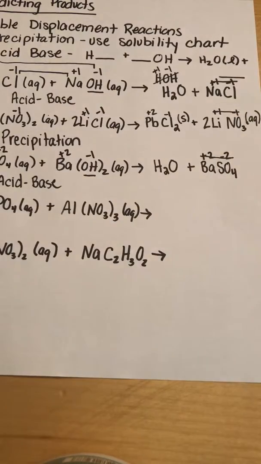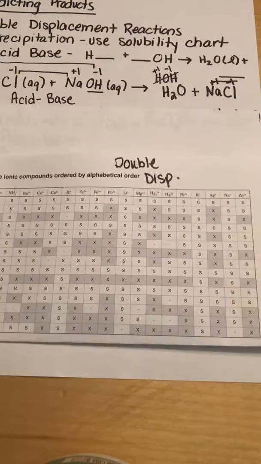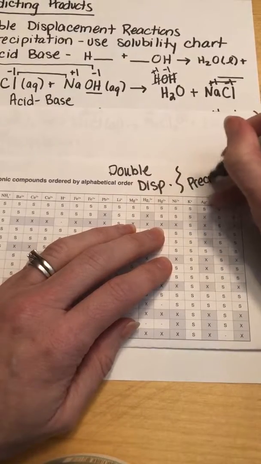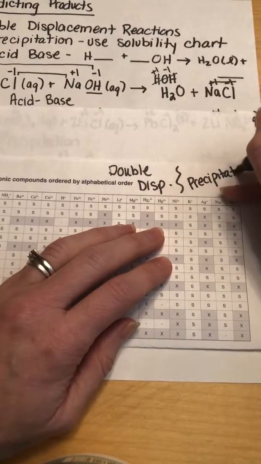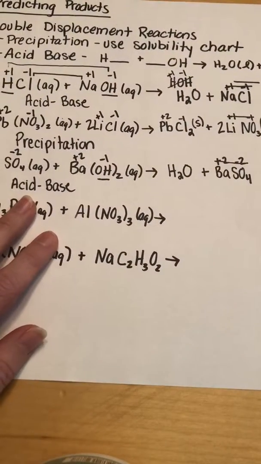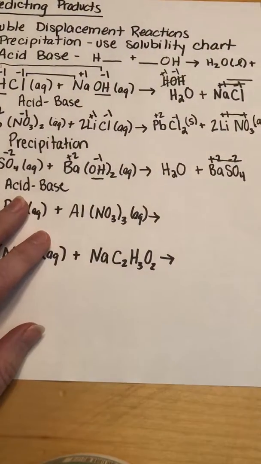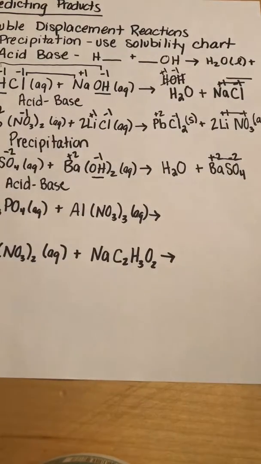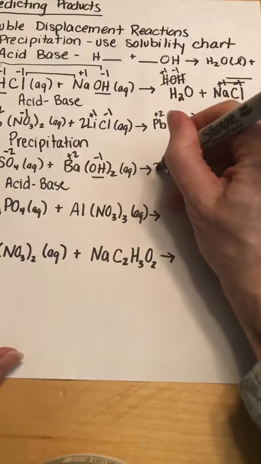And I do not have to use this solubility chart because it is used specifically for precipitation reactions. This one I classified as an acid-base reaction. So I would just have those two products, and then that's it. Okay, so I think in order to balance it, I just need a 2 here.